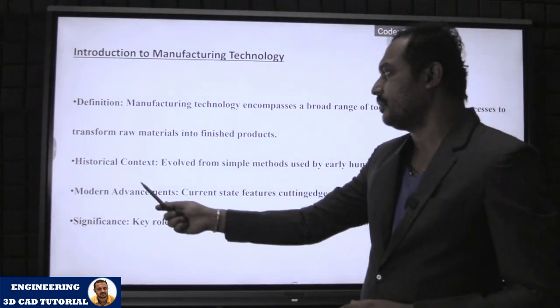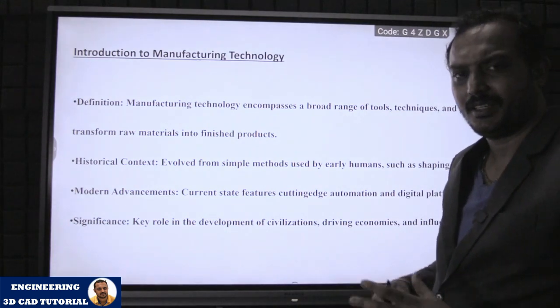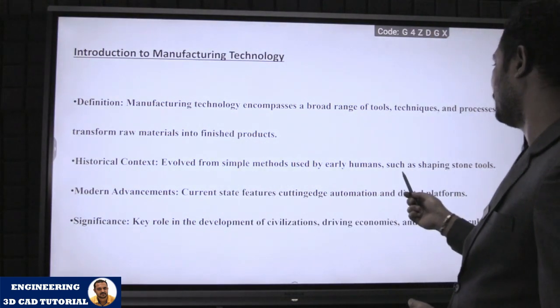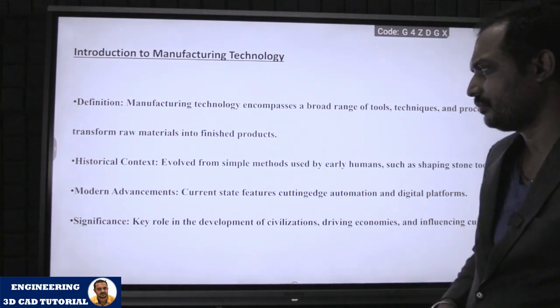So process. Then the historical context: if you take the history, it evolved from the simple methods used by the earlier humans, such as shaping stone tools.